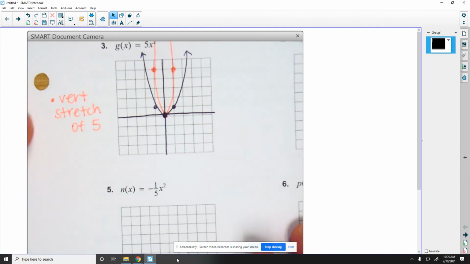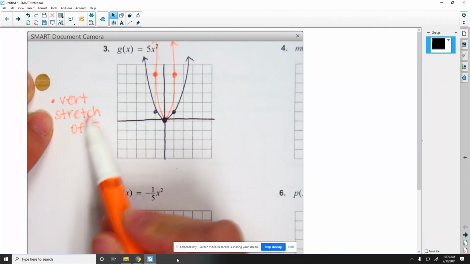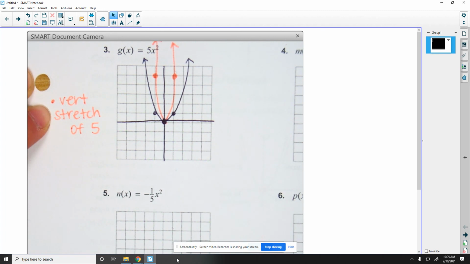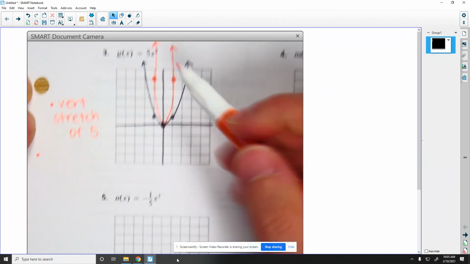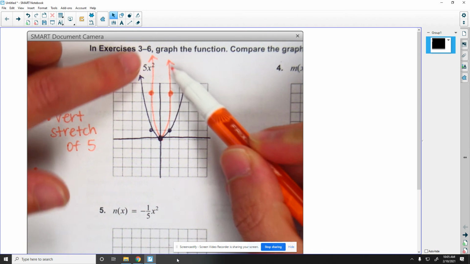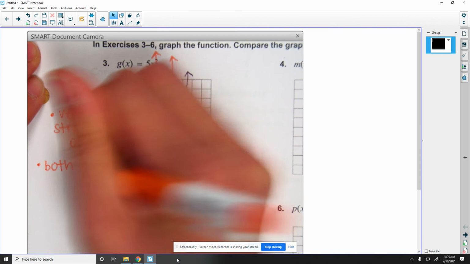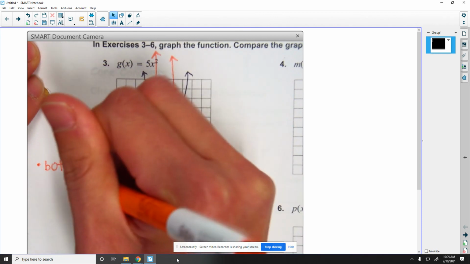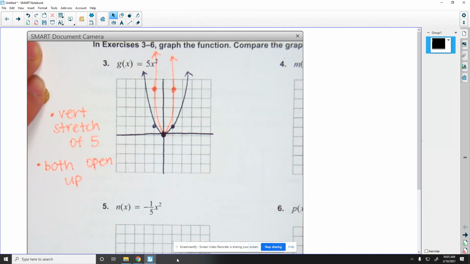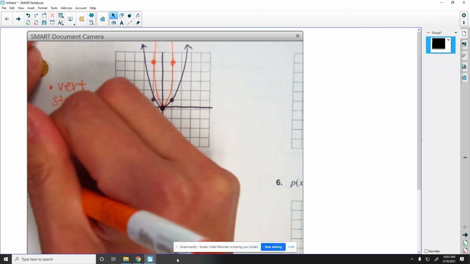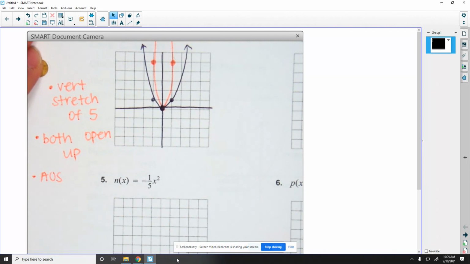So that's one thing: whenever I compare, you have to say, is it a stretch or a shrink? In this case, it was a stretch because I pulled it up. The second thing is, let's talk about their openings. Do you see how both of these parabolas open up? So I can say both open up. And then the last thing I can talk about is their AOS, the axis of symmetry.